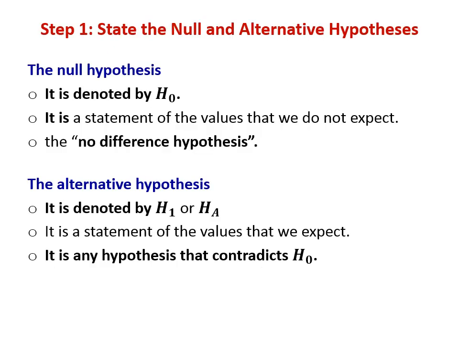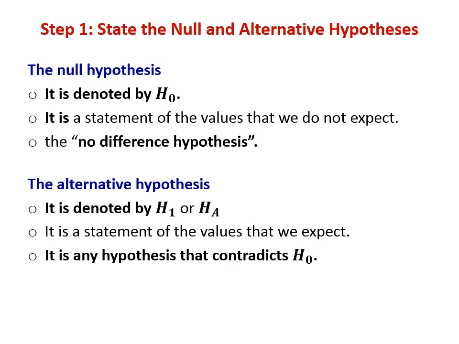The first step of the 5-step hypothesis testing procedure is to state the null and alternative hypothesis. So, what is the null hypothesis? And what is the alternative hypothesis? The null hypothesis could be defined as a statement of the values that we don't expect. It could be described as the no difference hypothesis.